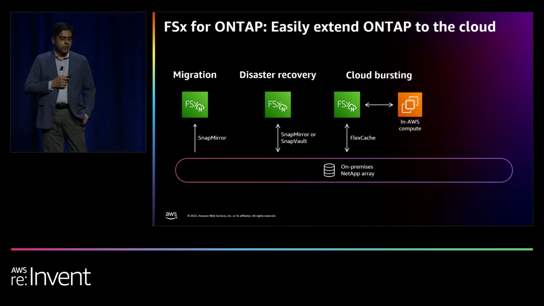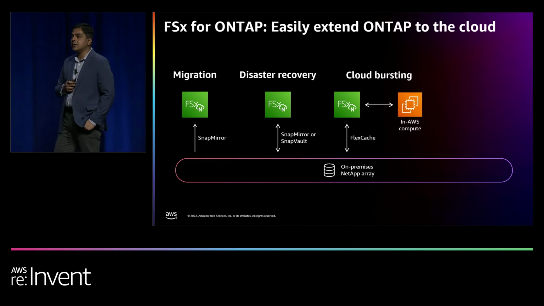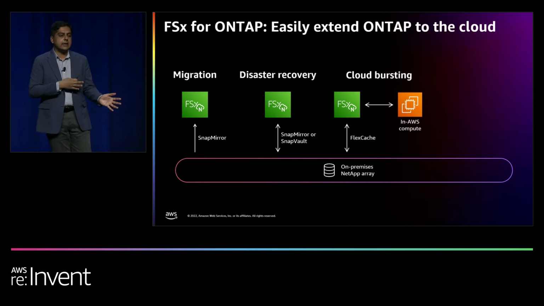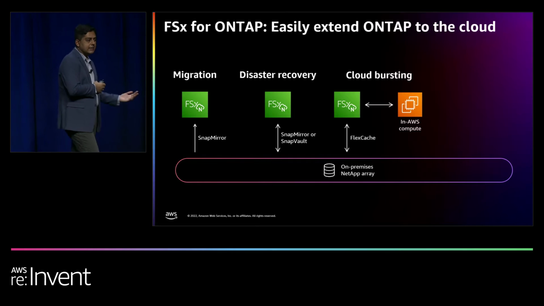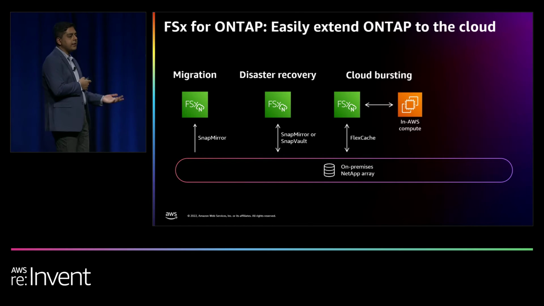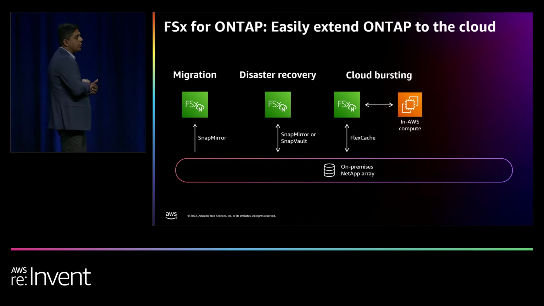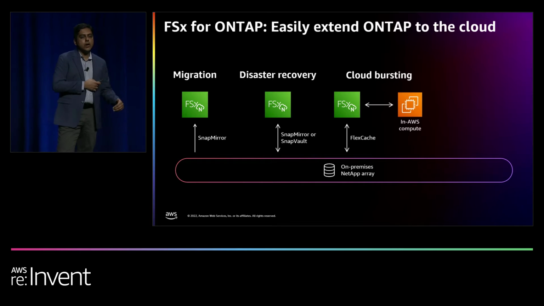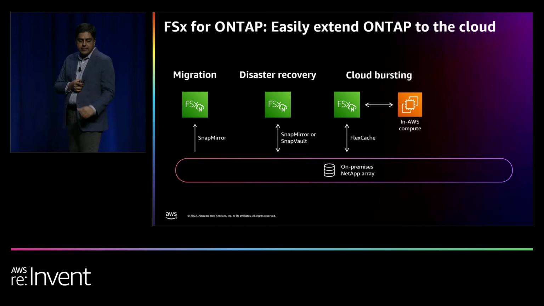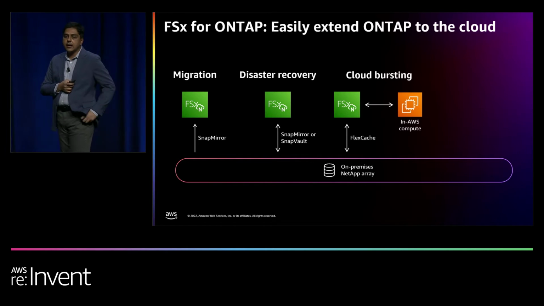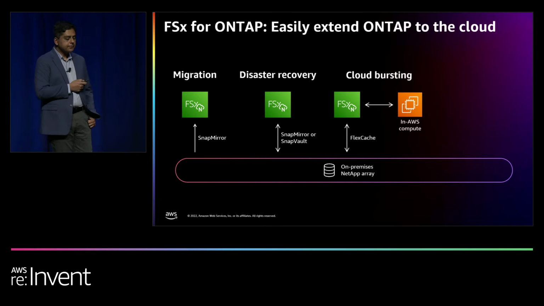You can also do cloud bursting, where you bring your compute over to the cloud, but you have your data continuing to reside on premises in some cases. For example, we see a lot of media and entertainment companies wanting to use this kind of workflow, where you can spin up a cache in the cloud to access your on-premises primary data, and you can use a feature called ONTAP FlexCache to do that.